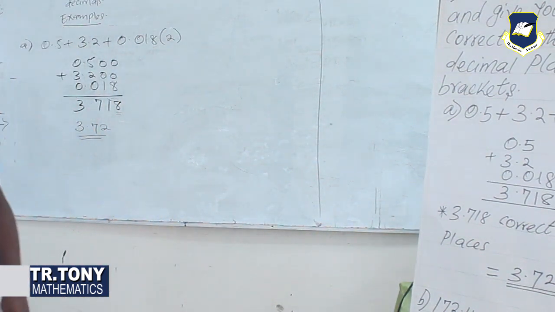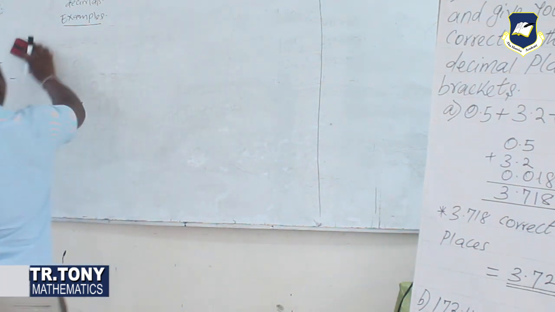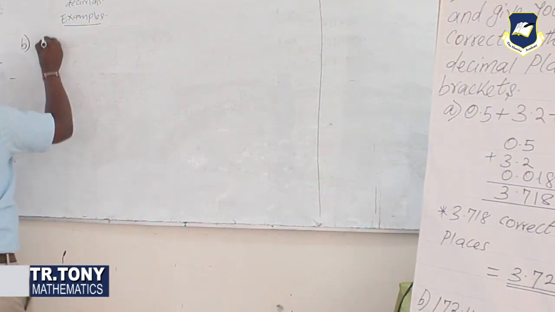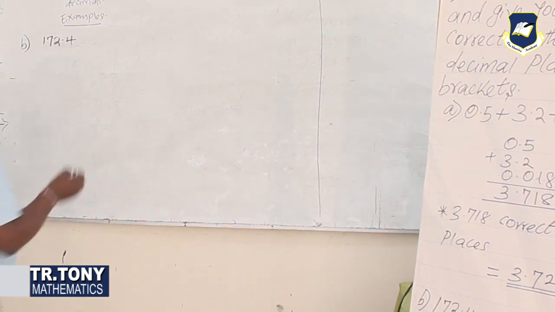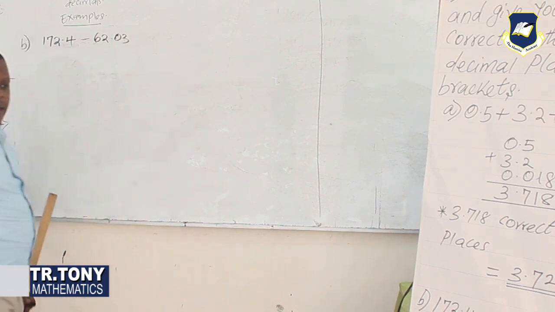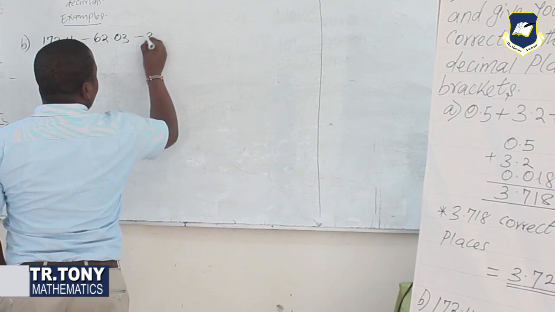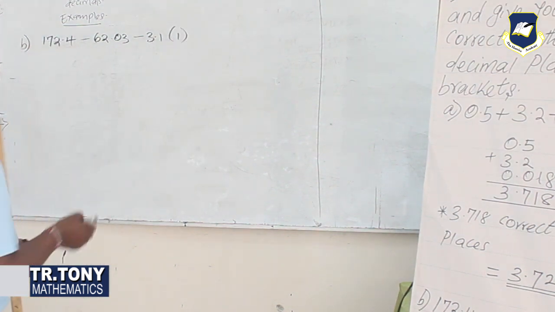We move on to our part B. B reads 172.4 minus 62.03, then take away 3.1, correct to 1 decimal place.